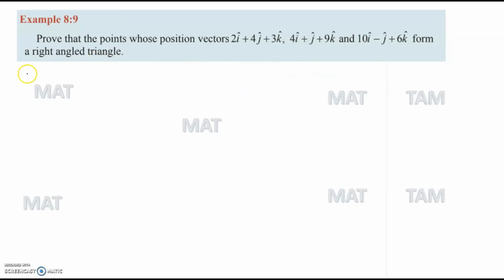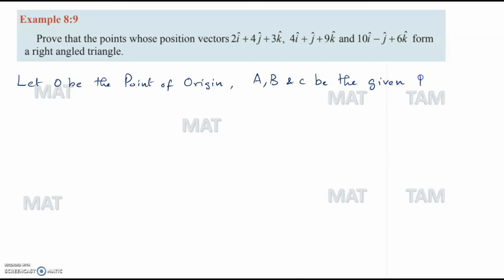So let's define, let O be the point of origin and A, B and C be the given points.